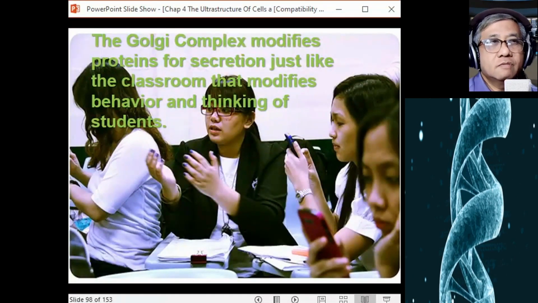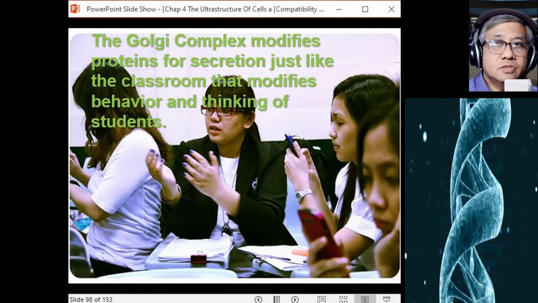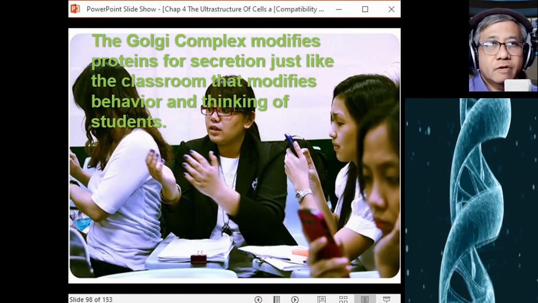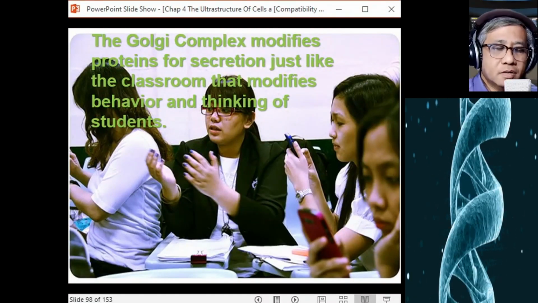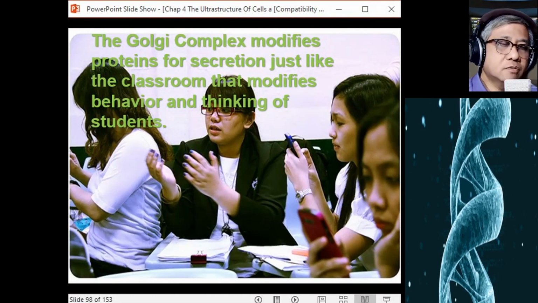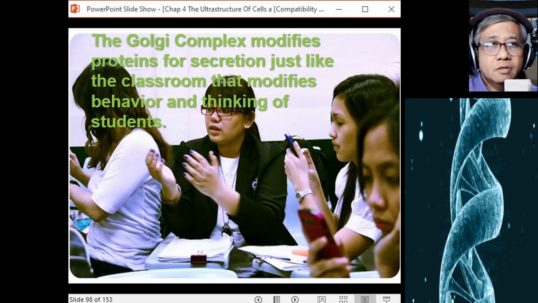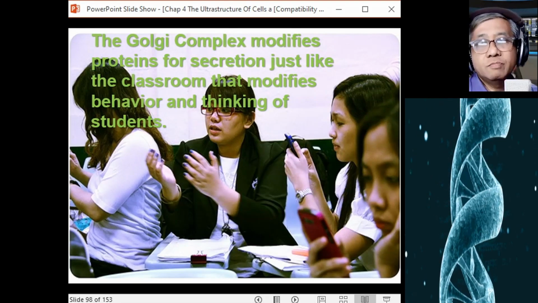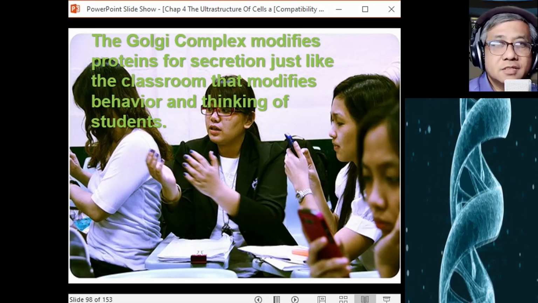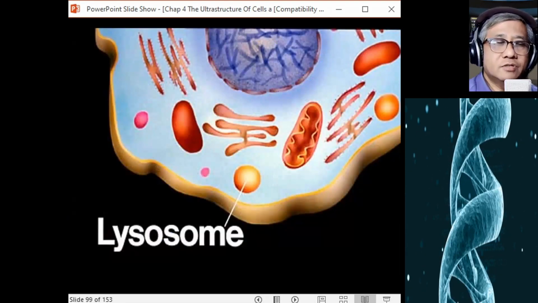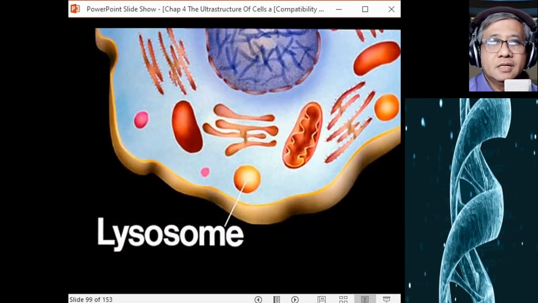So proteins from the ribosomes are delivered to the rough ER to the Golgi apparatus. The Golgi apparatus then modifies these proteins for secretion, to be exported out of the cell. So that's the function of the Golgi.